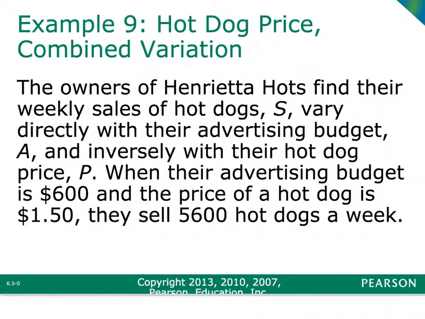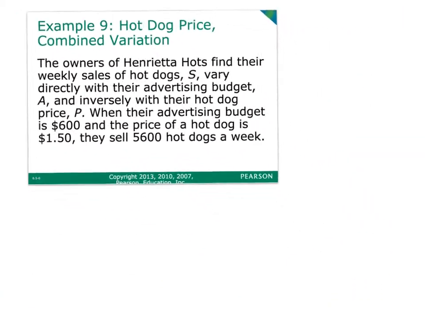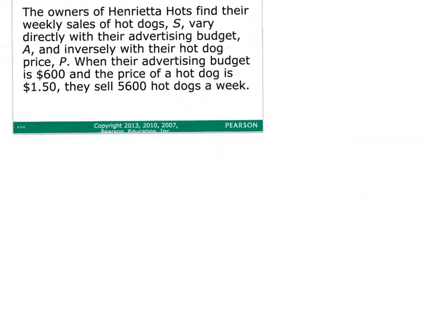We have another example here where they're going to ask you to do a little more with it after the fact. Okay, the owners of Henrietta Hots find their weekly sales of hot dogs S vary directly with their advertising budget A and inversely with their hot dog price P. Okay, so from that information, you can do a verbal translation. So let's do that.